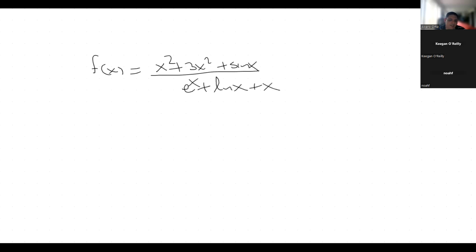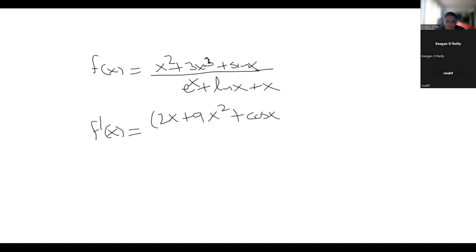And I'm asking you to do the derivative of this one. So this is just a quotient rule. Derivative of the first one, 2x plus, well, I should have done a different exponent. Let me just do 3x to the 3. So it makes sense. So 9x squared, then plus cosine of x.